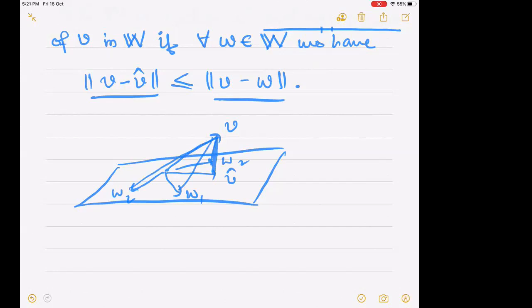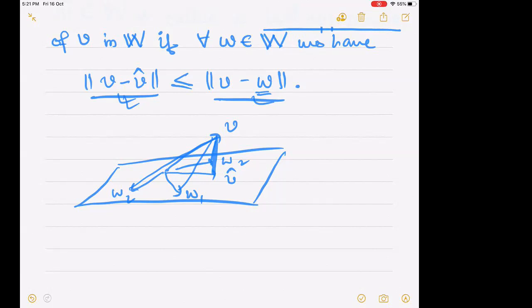See, this is the error. If I purport w to be an approximation, then the norm of v minus w is the magnitude of the error. With v hat, the magnitude of the error is the norm of v minus v hat. So v hat will be the best approximation if the error length for v hat is less than or equal to the error due to any other vector.